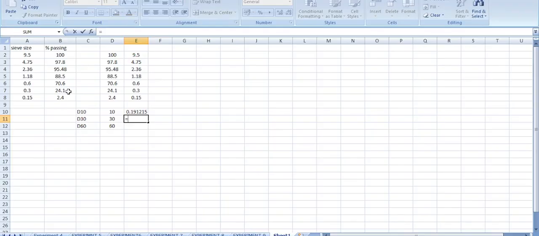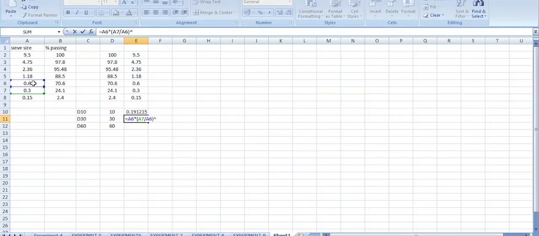So we follow the formula again. yi should be this, times brackets open, yi plus 1, which is this, all over yi, which is this. So we close brackets, raised to power.